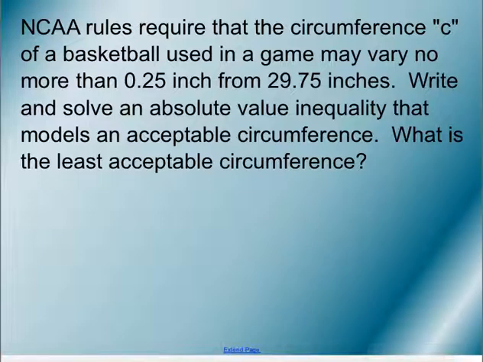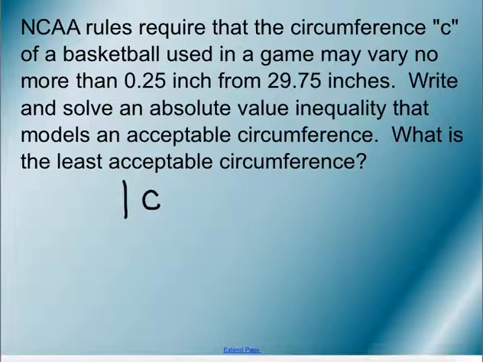So remember that when we set up these absolute value inequalities, how I set them up is saying I have a certain variable, in this case c, which is what I actually have. And I want to know, if I were to just pick up a random basketball, I don't exactly know the circumference until I actually measure it.